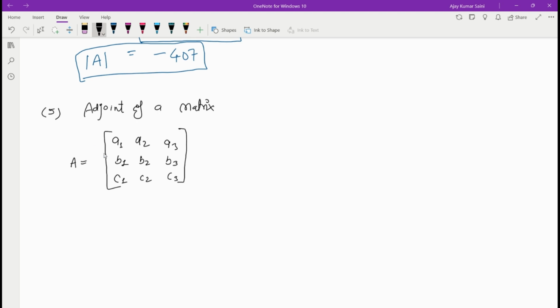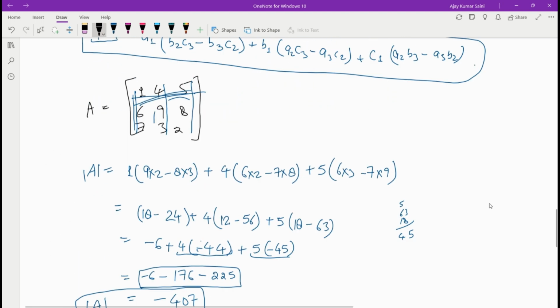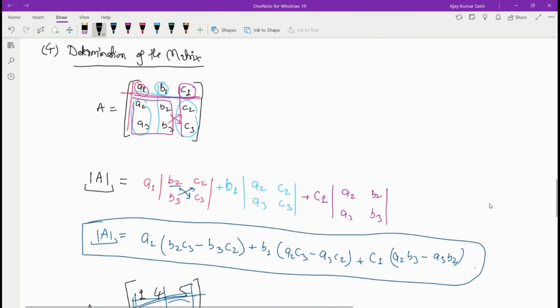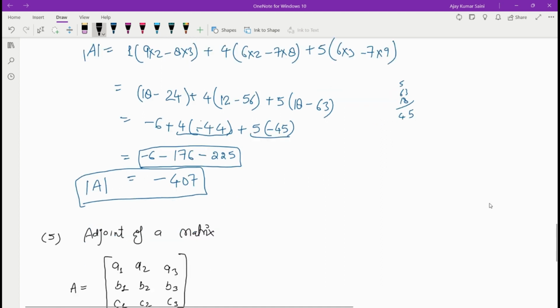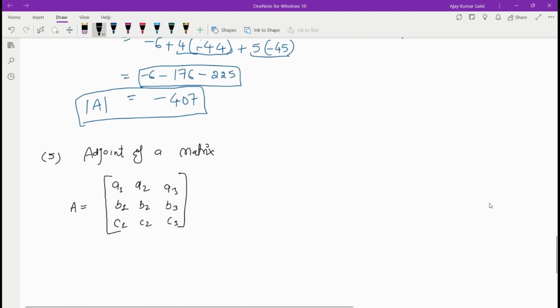Now I take A1, A2, A3 in this row, and in the previous video I took them as a column. So don't worry about these things; you can take it as you choose.